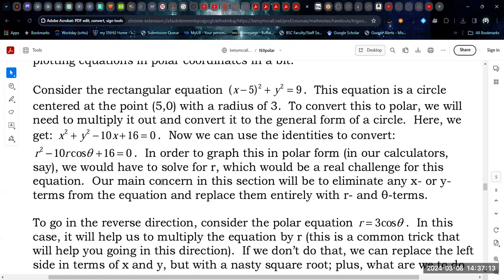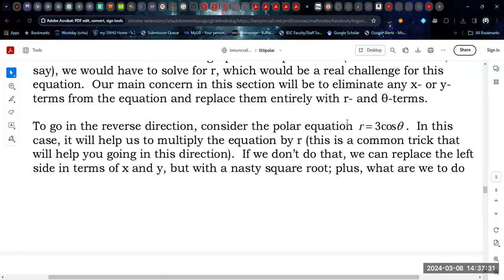Similarly, if we start out with an equation in polar coordinates and we want to convert it to rectangular coordinates, we do need to make sure that we are eliminating any r's and thetas and only are left with x and y. Now, if we start with something like r equals 3 cosine theta, then we don't want to just use theta equals inverse tangent of y over x, because leaving cosine of inverse tangent is a mess.